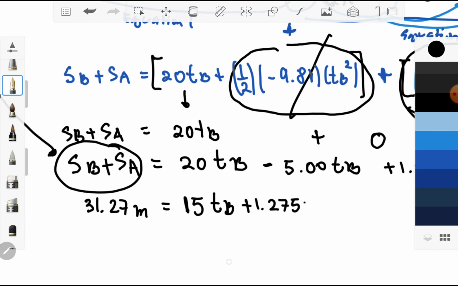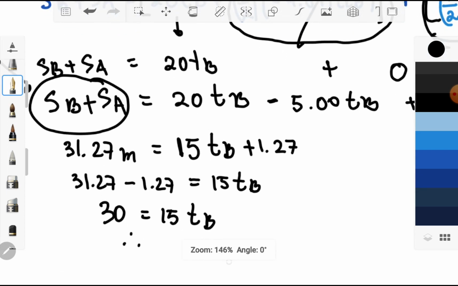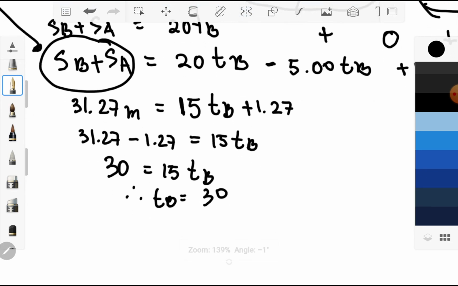Rounding to the nearest hundredth, 1.27. So subtracting, I'll have 31.27 less 1.27, which is equal to 15 TB. So it is further manipulated into 30 equals 15 TB. Solving for TB, we have TB equal to 30 divided by 15, which is basically equal to 2 seconds.